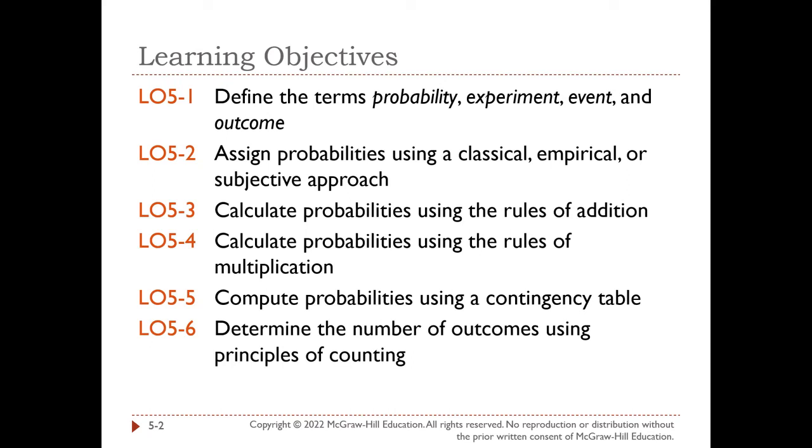Learning objective 3, we're going to calculate probabilities using the rules of addition. Learning objective 4 is going to calculate probabilities using the rules of multiplication. Then we're going to compute probabilities using a contingency table. It's back. And learning objective number 6, determine the number of outcomes using principles of counting.